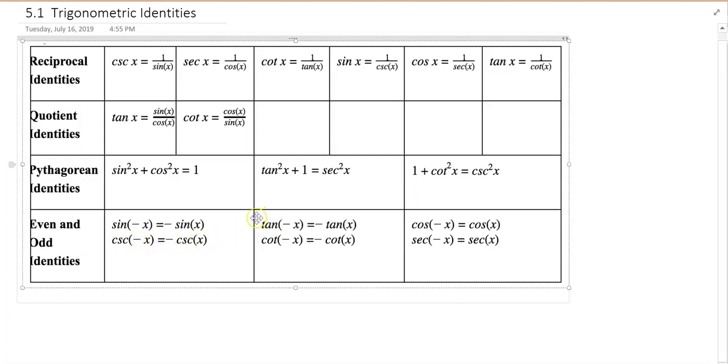Tangent is also an odd function, so tan of negative x is equal to negative tan of x, and the cotan of negative x is equal to negative cotan of x. The cosine function is an even function, so the cosine of negative x is equal to the cosine of x, and the secant of negative x is equal to secant of x.